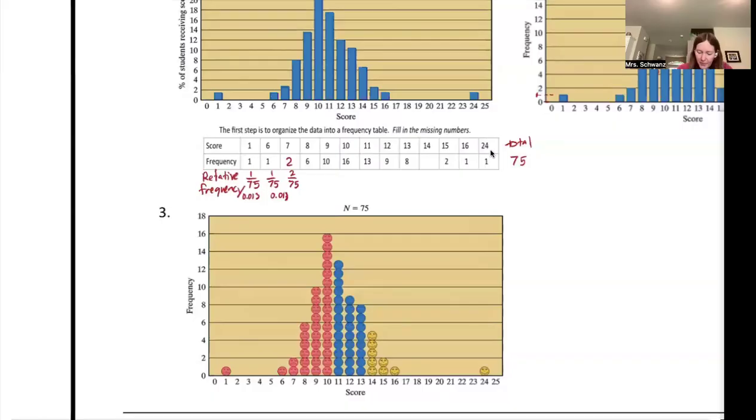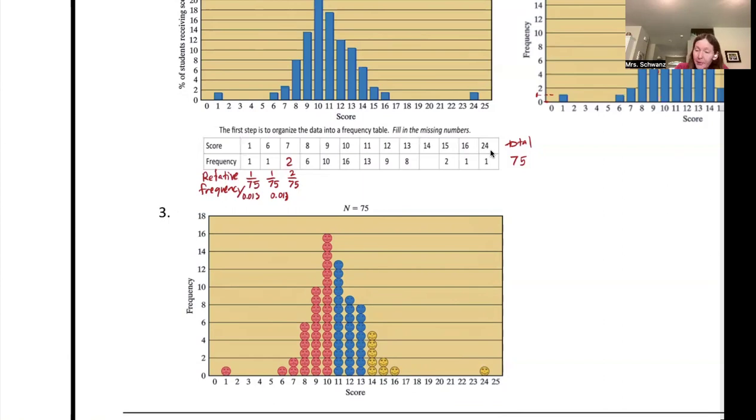Okay, so the relative frequency is the frequency itself divided by the total number of people. How many people scored 1 on the test compared to the number of people who took the test?